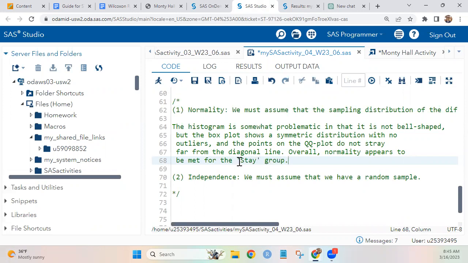So a sample size of 13 normally would make us a little nervous, but because there are no outliers and it's symmetric, for the t-test that's perfectly fine. The t-test results would be very reliable in general.